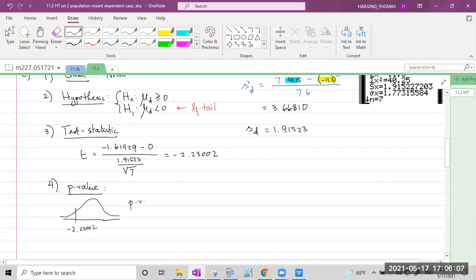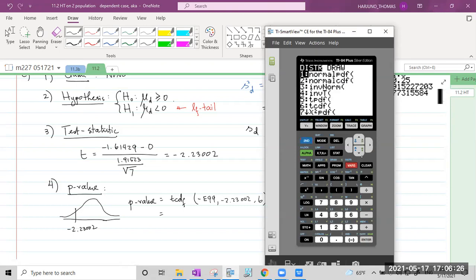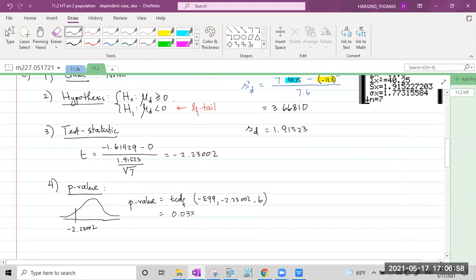The p-value is tcdf, negative E99, the upper bound is negative 2.23002, degree of freedom is 6. That's 0.03363.